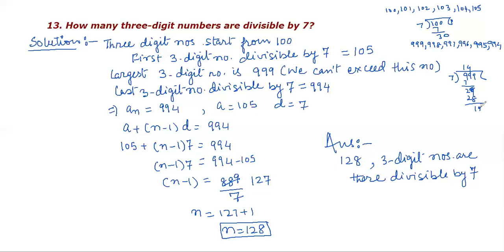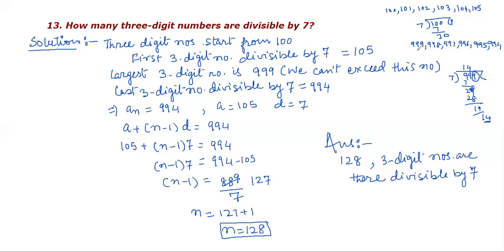So that means we have to decrease from this. So which number before 19 is divisible by 7? That is 14. So that means I need 4 here. Therefore, it is 994. It should not be 19, it should be 14. If it is 14, it will become 994.